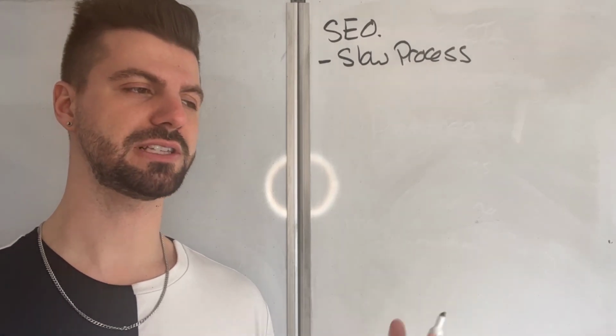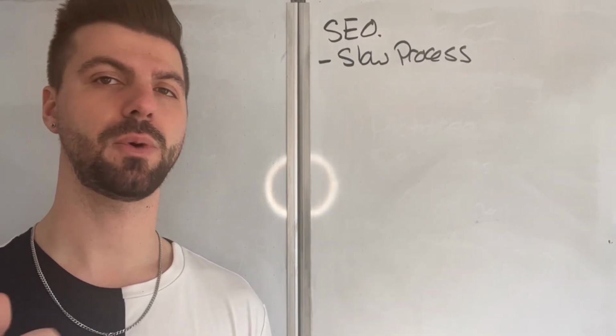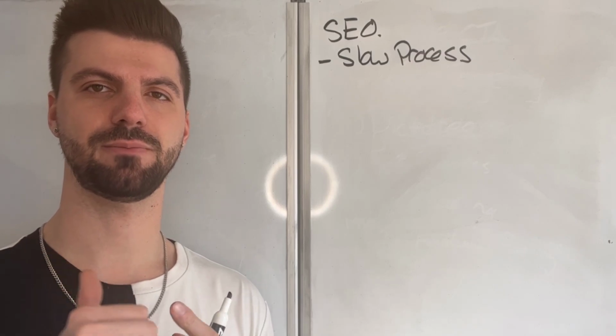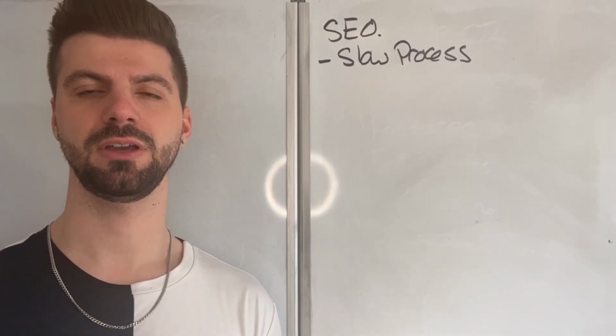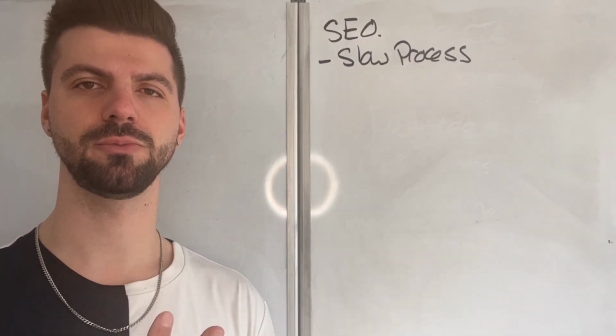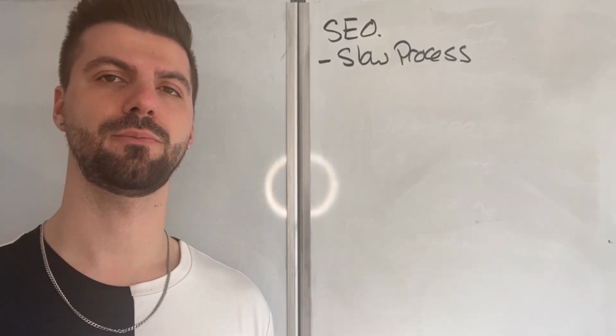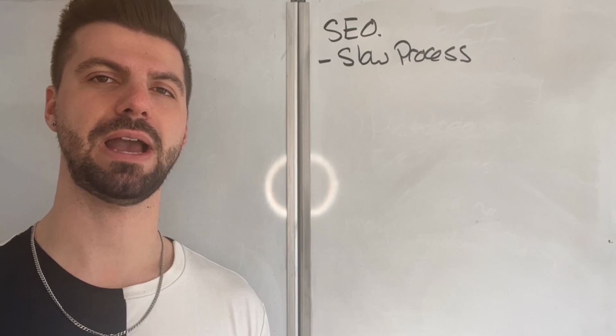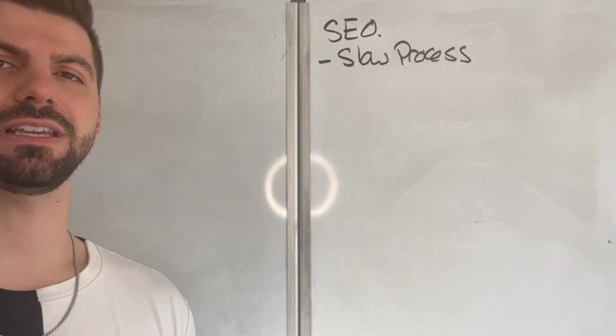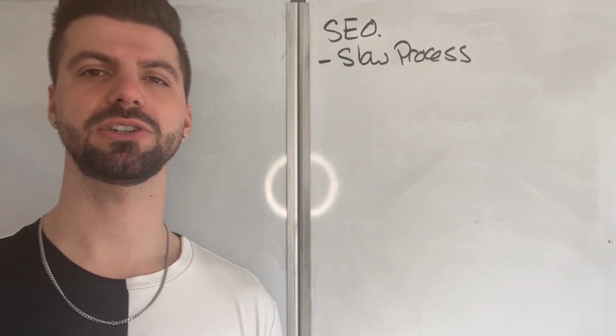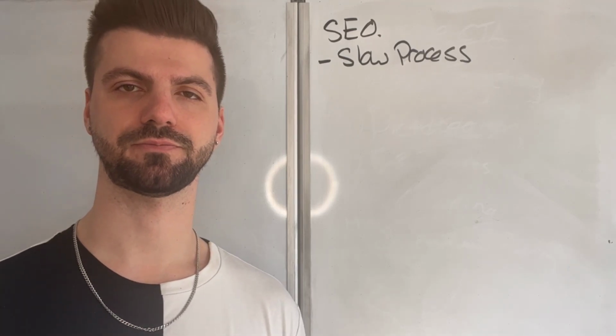So let's say, for example, Better Business Bureau, Yelp, Yellow Pages, Houzz, Homestars, all of these websites are very powerful for building up your SEO. So if you have your website on these sites, then this is going to slowly start ranking you.